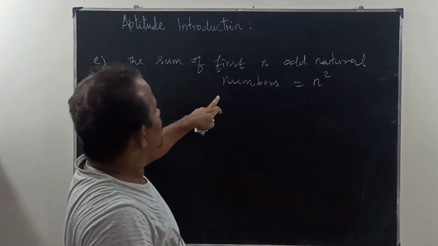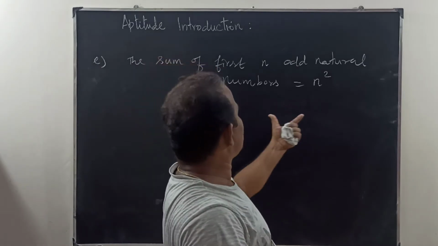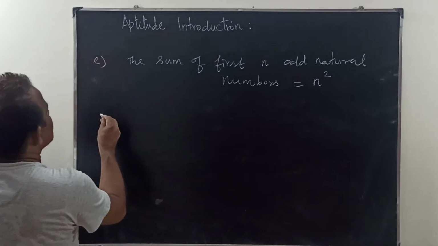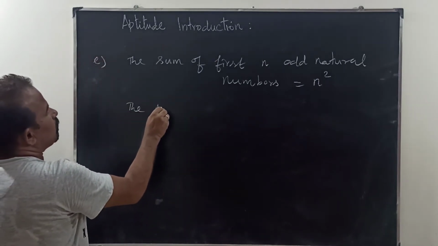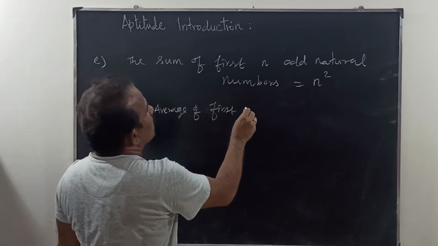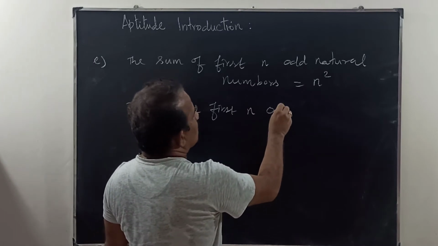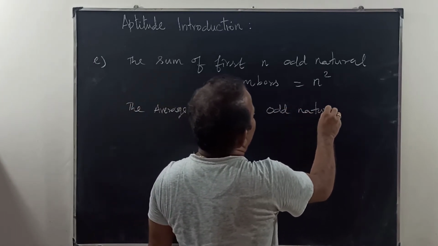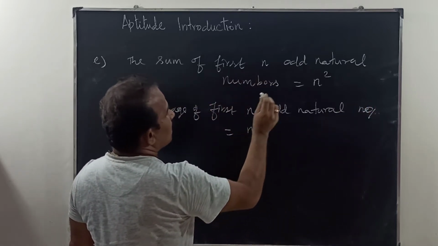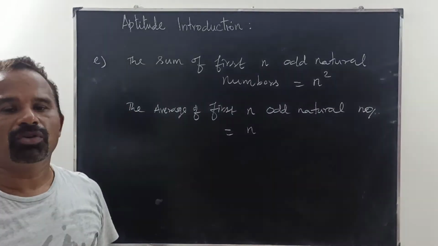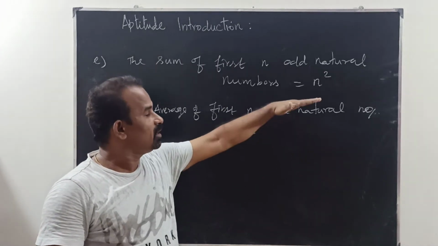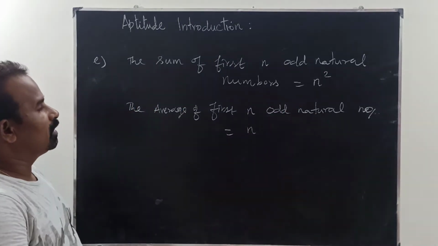So 1 plus 3 plus etc. up to n numbers, where the nth term is 2n minus 1. Then the average of first n odd natural numbers is simply n, because n square divided by n is equal to n. Okay. So these are all very basic, so you should learn all of them first.